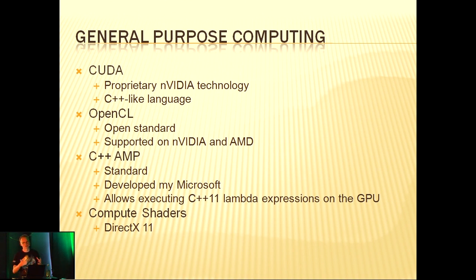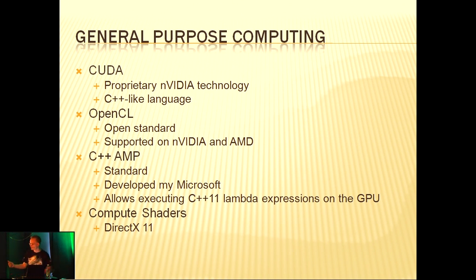It's a C++ type language, but supported natively only on NVIDIA hardware, but also provides NVIDIA-specific features as well. For instance, the Kepler architecture, the newest architecture of NVIDIA, has this thing called dynamic parallelism, where you have the ability to conjure new work on the GPU without actually going back to the CPU. So it's good if you're relying on NVIDIA technology.